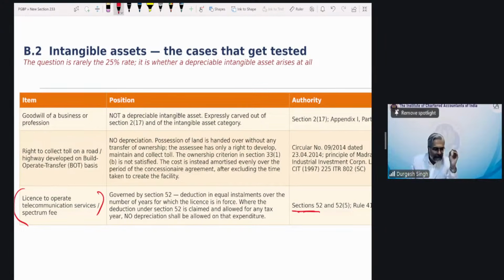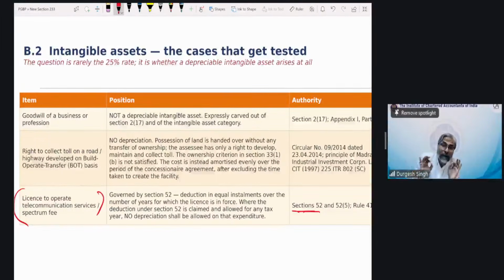If there is a specific provision for providing the deduction of capital expenditure, then that provision will be applicable, and for all the other assets, it will be decided whether they are eligible for depreciation allowance or not. That's it.